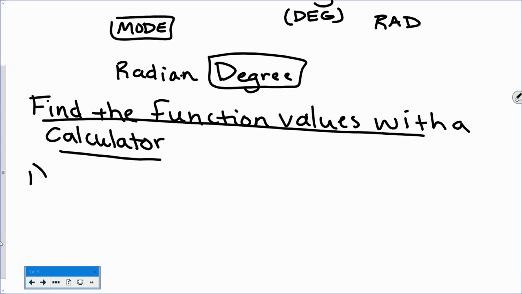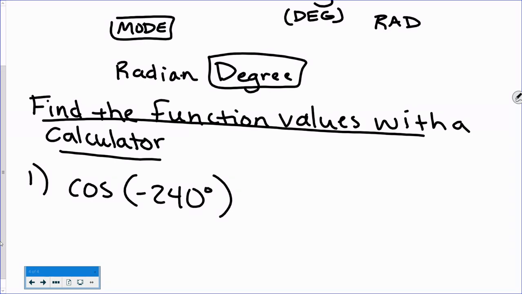All right, so if you are given cosine of negative 240 degrees, you could have been given a problem like that yesterday, because this would actually use one of our common angles.